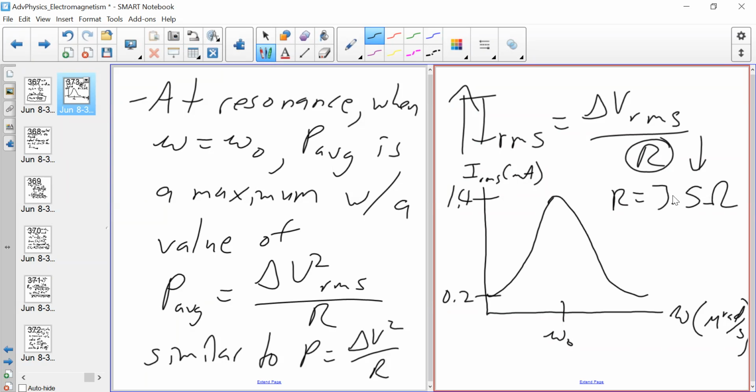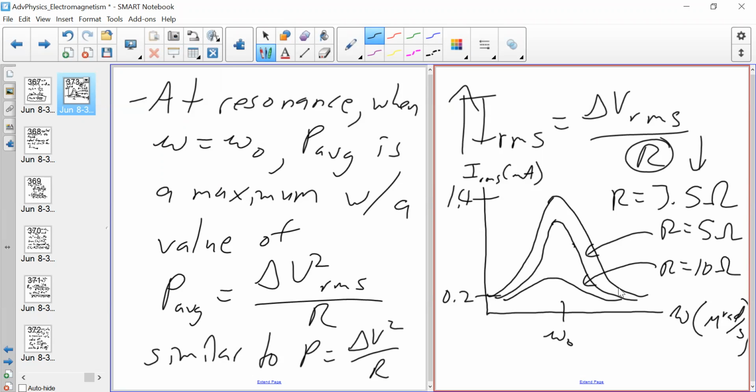Now you start increasing the resistors, the RMS peaks steadily lower. And that's R equals 5, and then we have a slight broadening in the peaks as the resistors increase and increase.